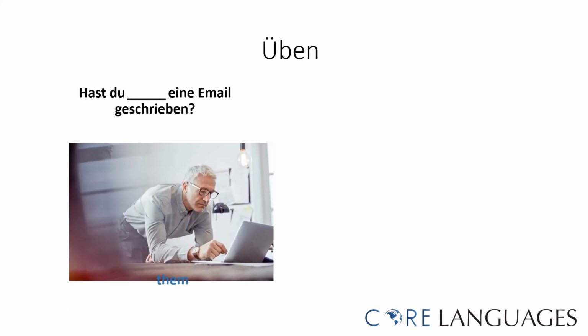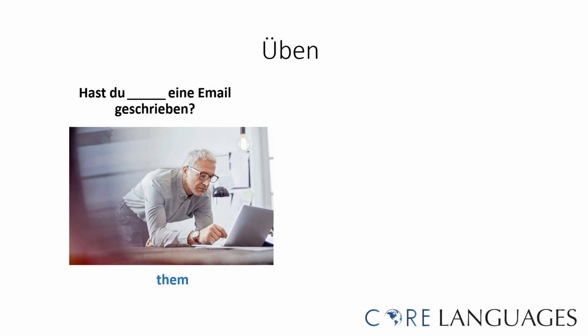And how about these examples with an indirect object? Hast du eine E-Mail geschrieben? Have you written them an email? In this example, them is the indirect object, or the dative case object.